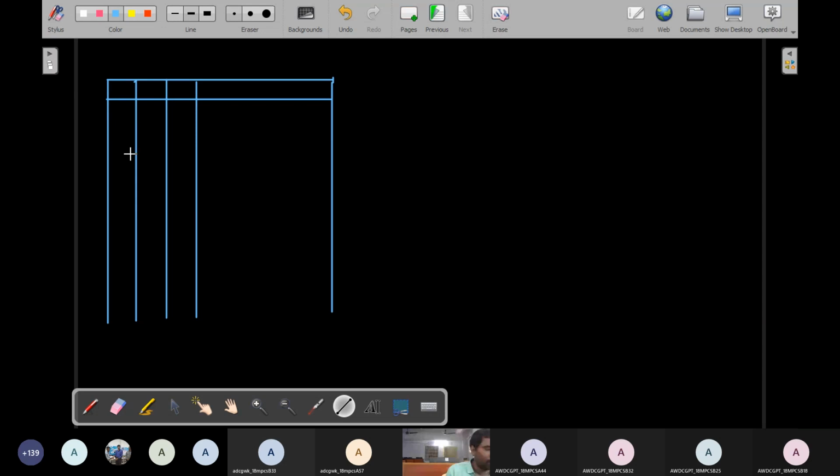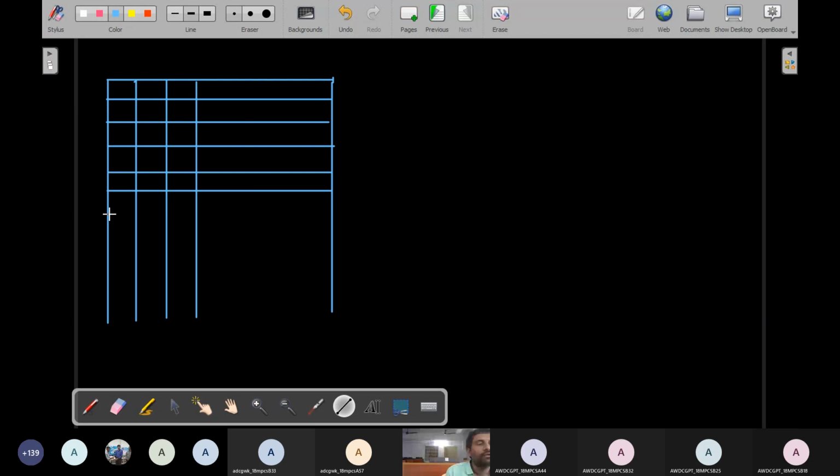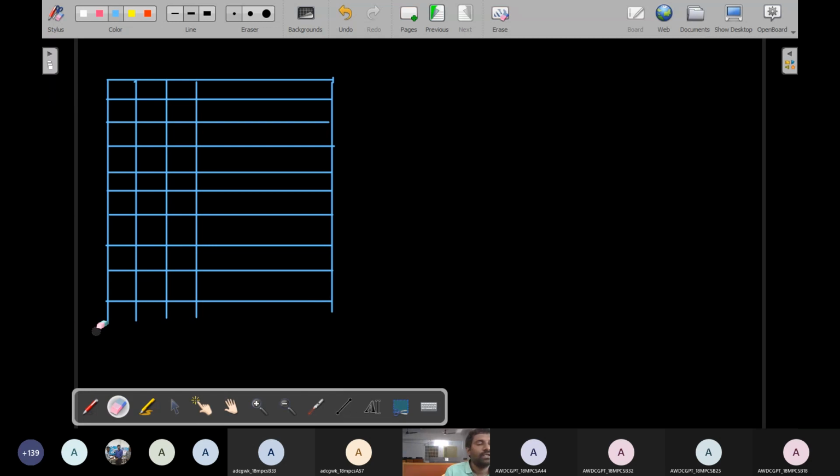These are the selecting lines. Then rows 1 2 3 4 5 6 7 8. So this is the final truth table box.